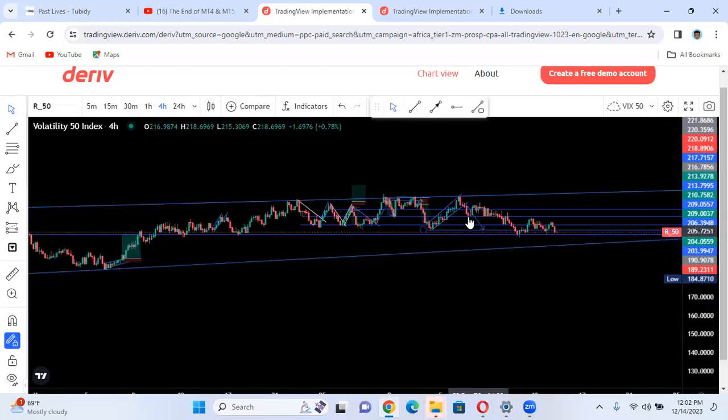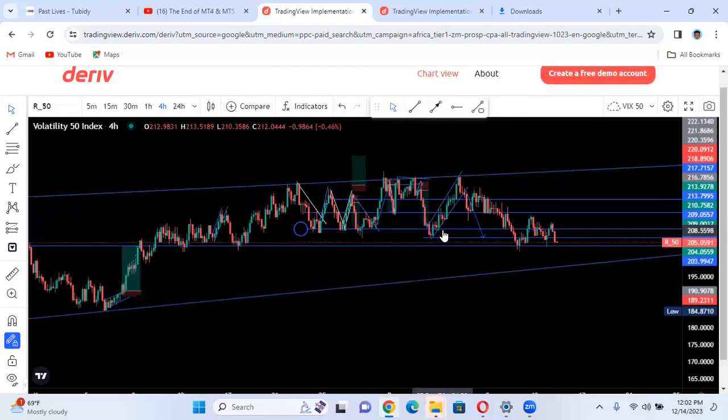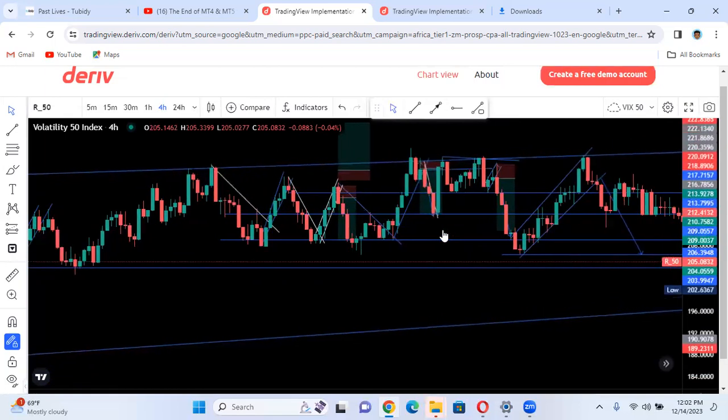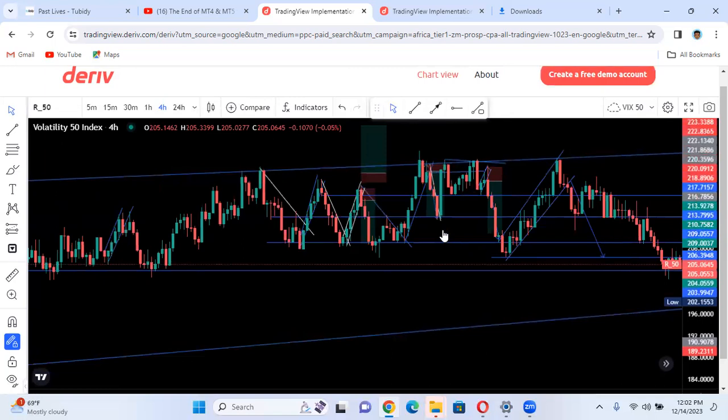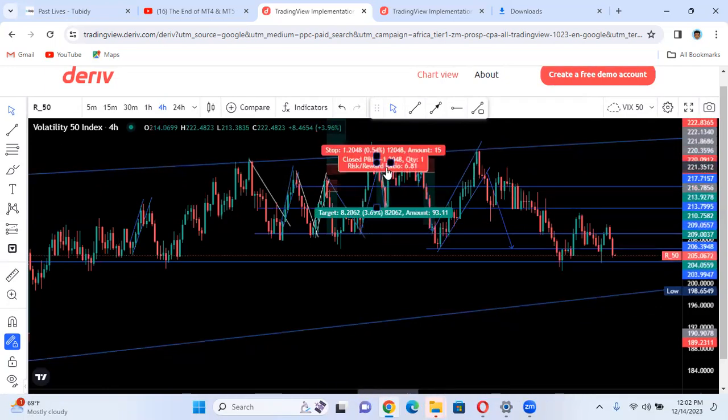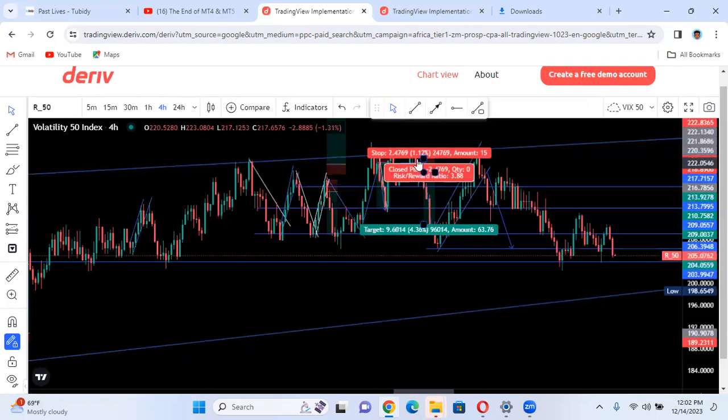So when this wedge formed here, if you look at it, you notice it has got how many touches already? It had 1, 2 touches.